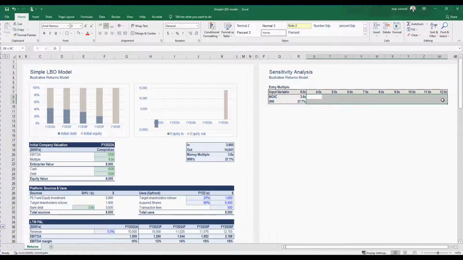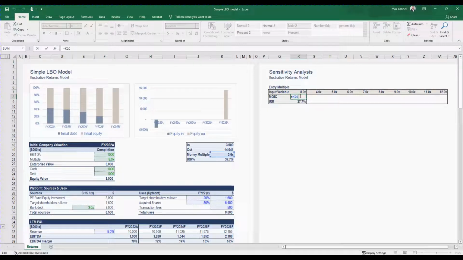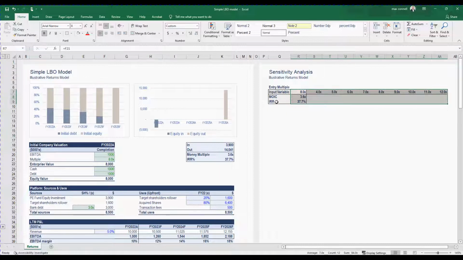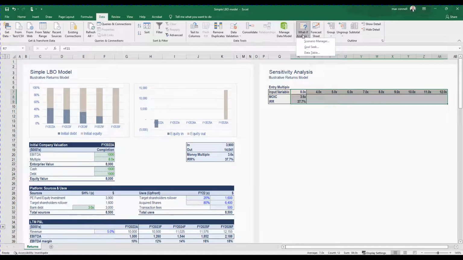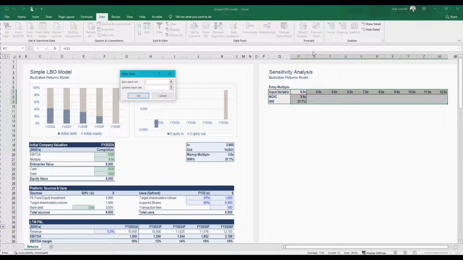Over here, you want to leave these blank because this is what the data table is going to fill in. And make sure these are all linked to the relevant place. So this is linked into where the input cell should go, and these are linked to the output. So what you want to do is select this data, like so, and go to the data tab, What-If Analysis, Data Table.